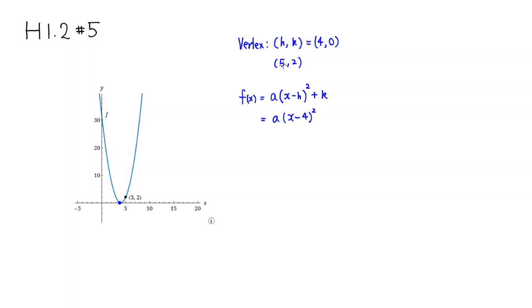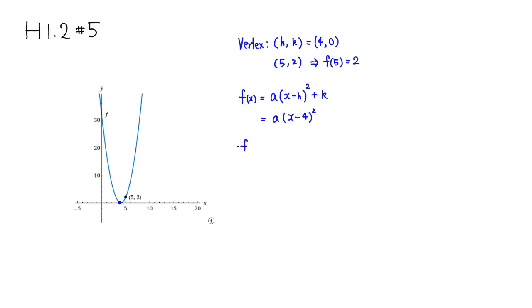Since it has to go through (5, 2), that tells you that if you plug in x equals 5, f has to be equal to 2. So we can use that to find the a value.